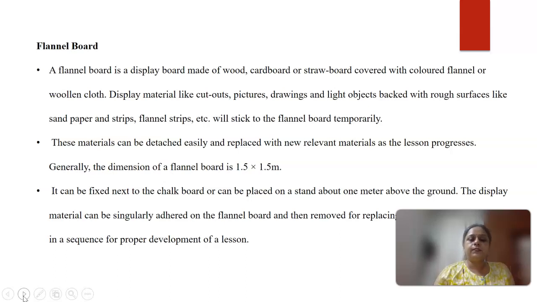It can be fixed next to the chalkboard or inside the classroom, and it should stand about 1 meter above the ground, and it could be removed and new materials can be used as the lesson develops and more things need to be presented.